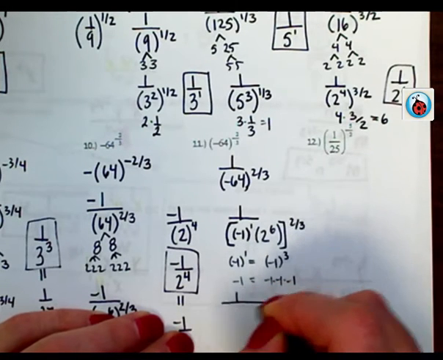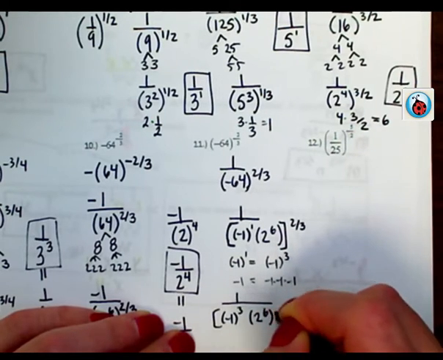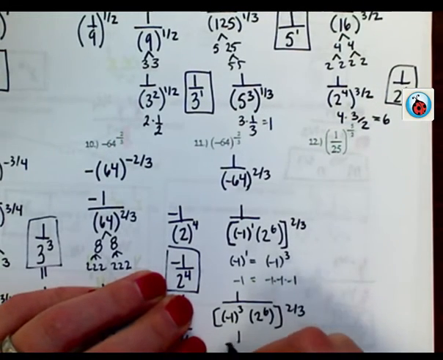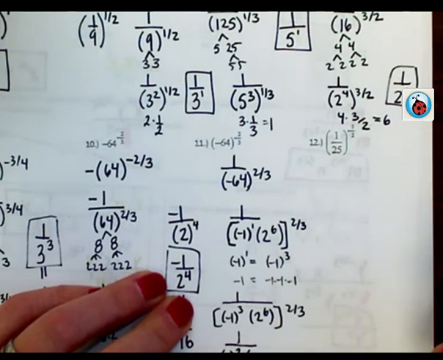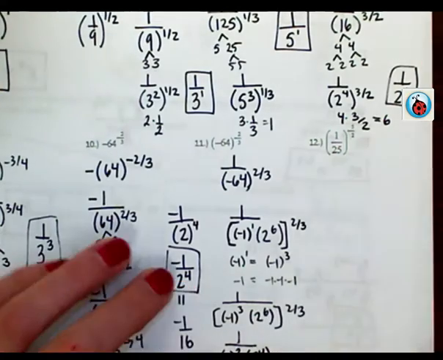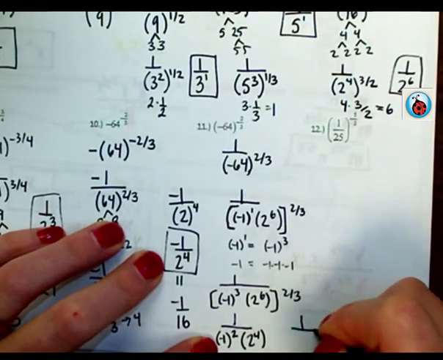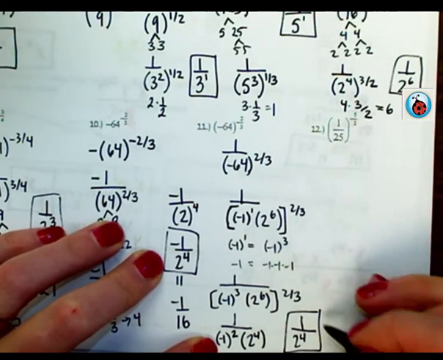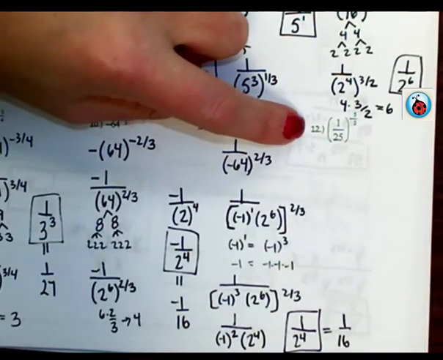So I'm going to rewrite this. Okay, now I'm going to distribute. So we end up with negative 1 squared, 12 over 3 is 4. Okay? So negative 1 squared is positive 1, 2 to the 4th, or positive 1 over 16.